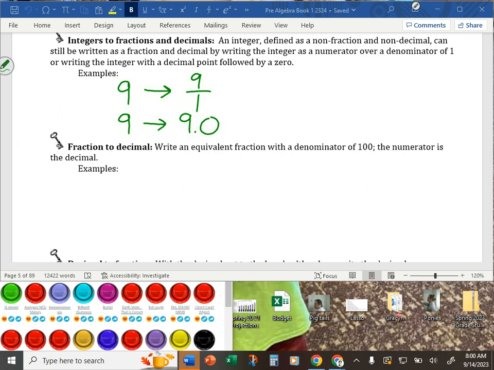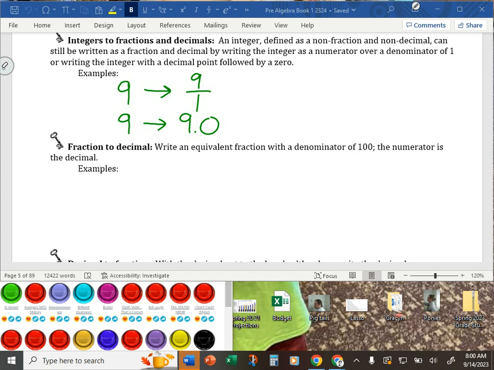So would it be 0.9? No, 0.9 would be 0 wholes and 9 tenths, right? If you've got 9 of something, you have 9 whole things. You want that 9 to be in the ones or the whole spot, right? 9 wholes and no parts, okay?